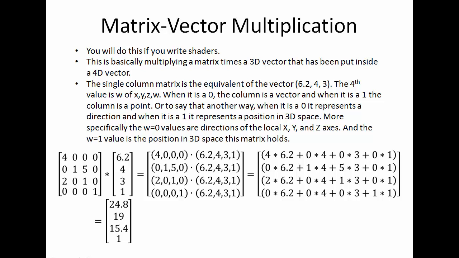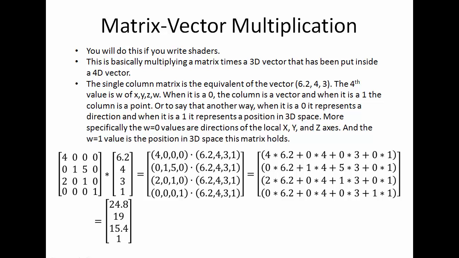Or to say that another way, when it is 0, it represents a direction, and when it is a 1, it represents a position in 3D space. More specifically, the w equals 0 values are directions of the local x, y, and z axes, and the w equals 1 value is the position in 3D space that this matrix holds. We'll look at that in a lot more detail later.